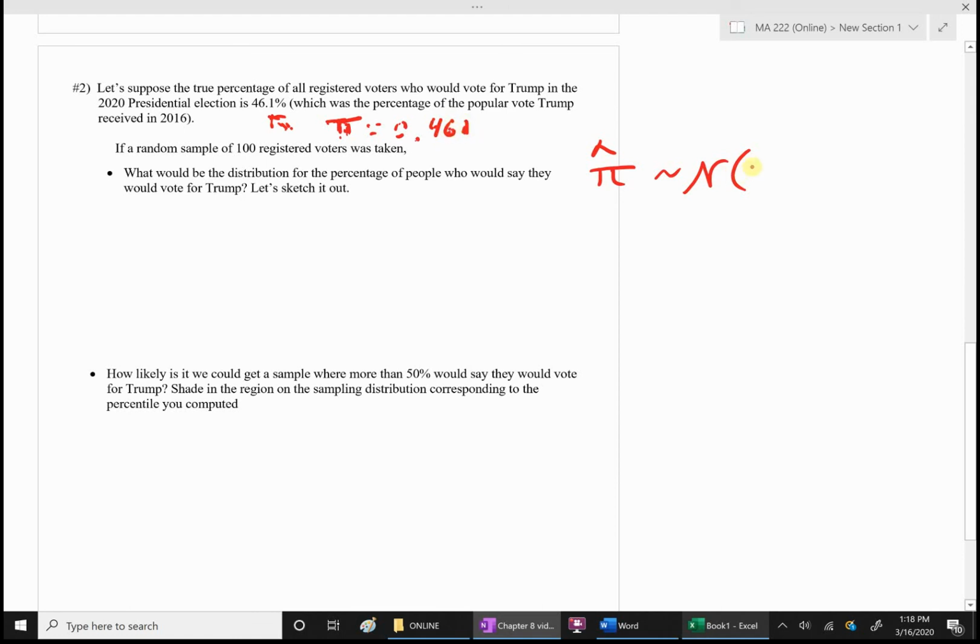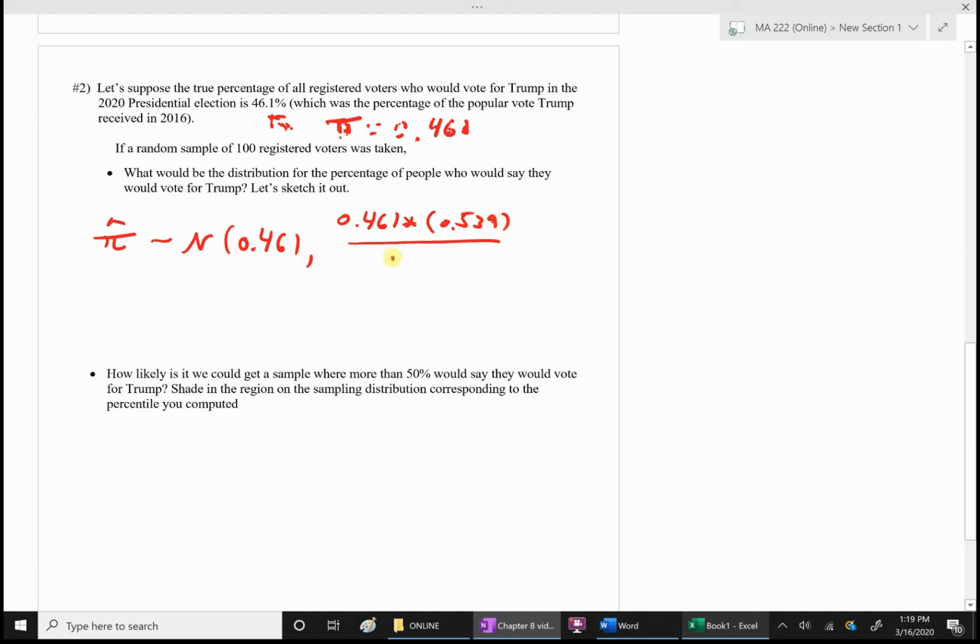And so, let me write this down here actually. So pi hat will have a normal distribution. It'll be centered at 0.461, and its standard deviation will be the square root of pi times 1 minus pi, divided by the sample size.